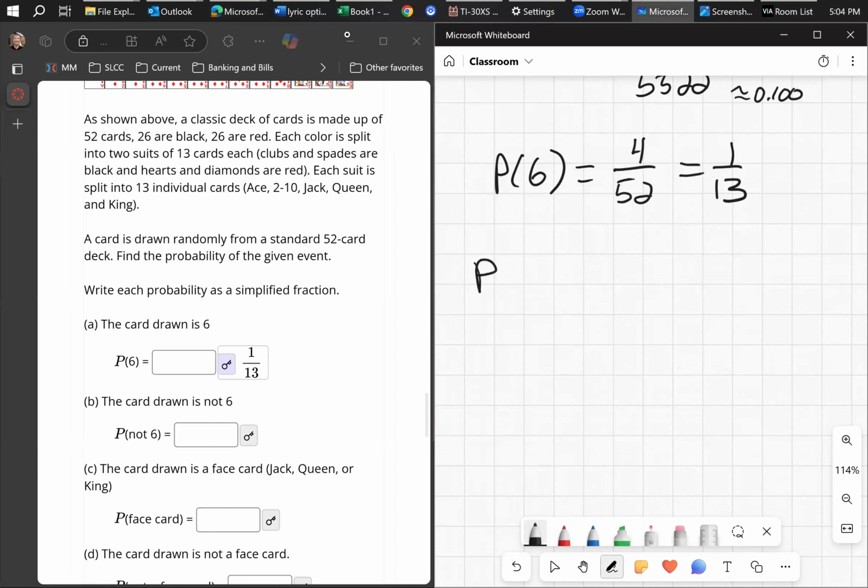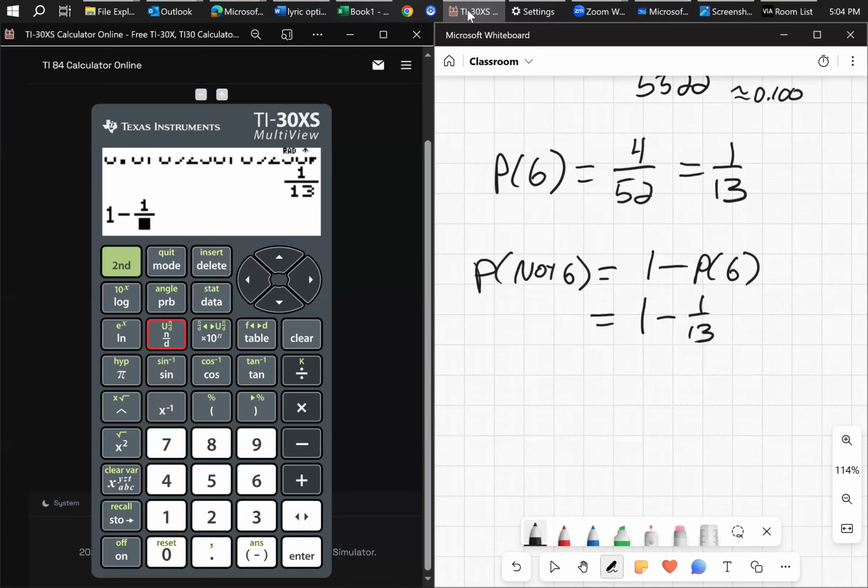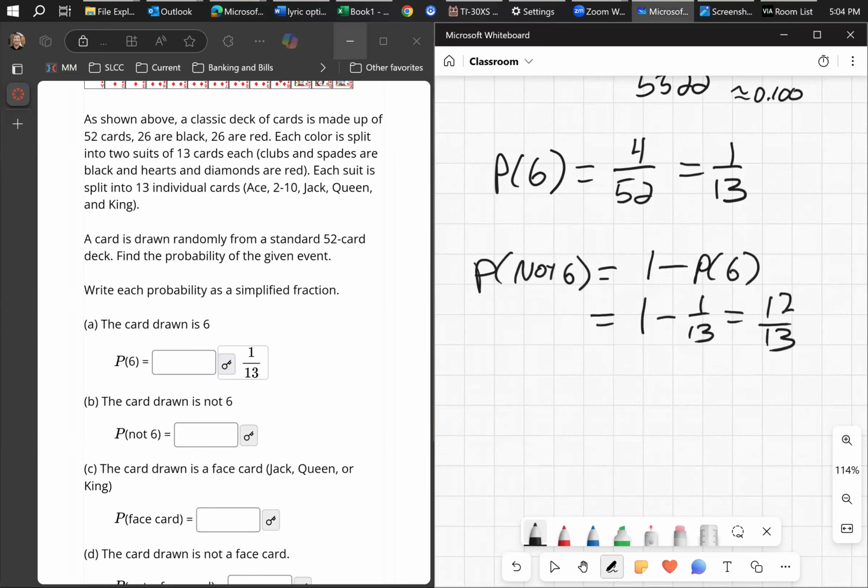The probability of not 6, there's a rule for that. It's 1 minus the probability of a 6. So that would be 1 minus 1/13. And without a lot of trouble, we can let our tool do the work and get 12/13.